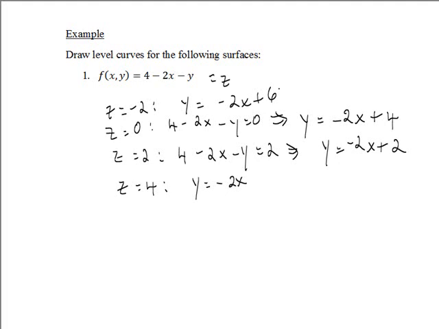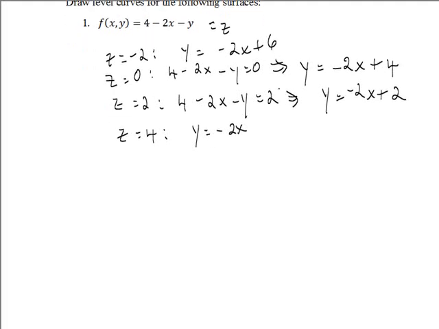What do you notice about all of these lines? They all contain minus 2x, so they all have the same slope. Right? So they're all parallel. So basically you're just drawing a set of parallel lines. And so let's just do that.